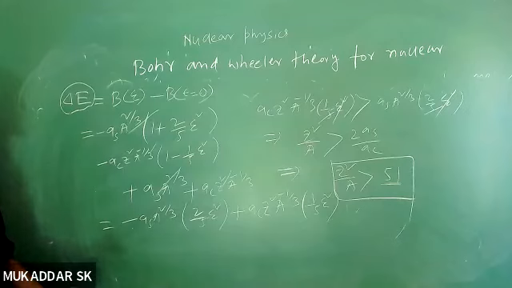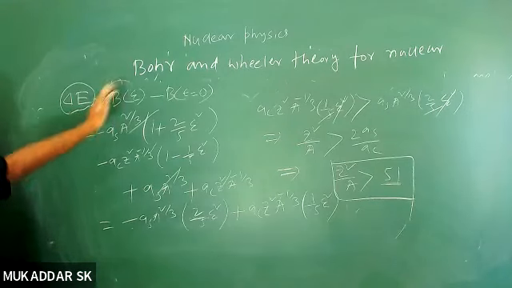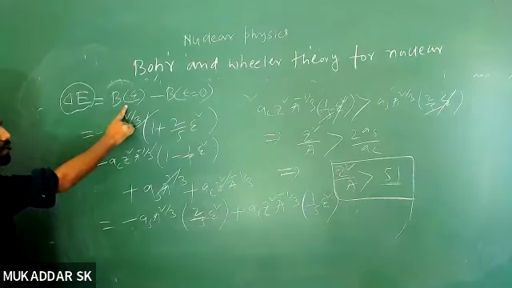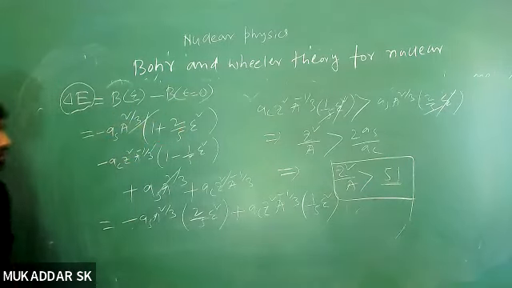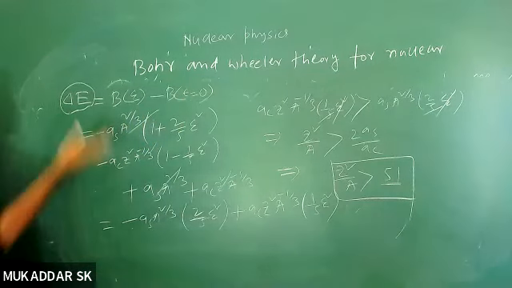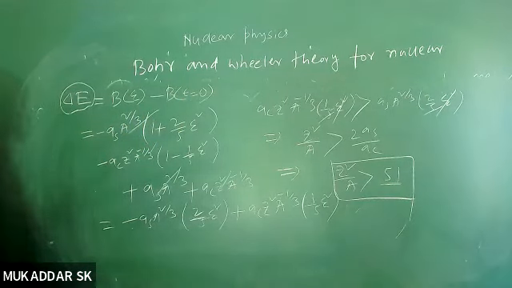Just due to the change in shape, there will be a change in surface energy and Coulomb energy. So you have to calculate that Q value by taking the difference between the binding energy of the elliptical shape minus the binding energy of the spherical shape. Only two terms will be different, all other terms will be the same.